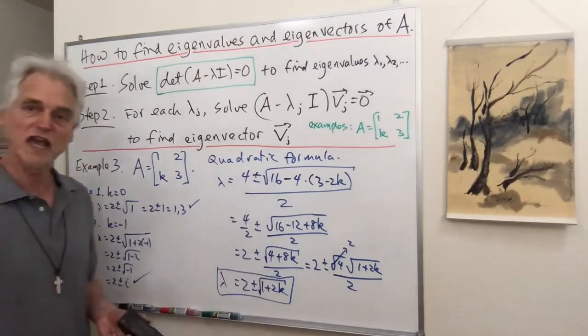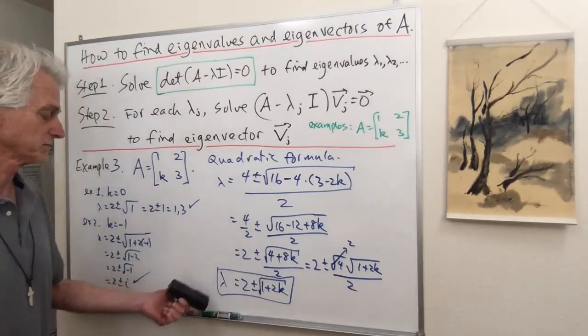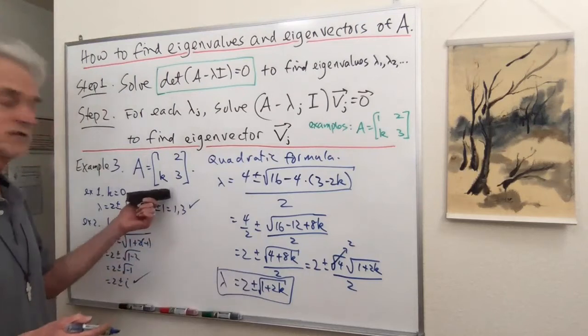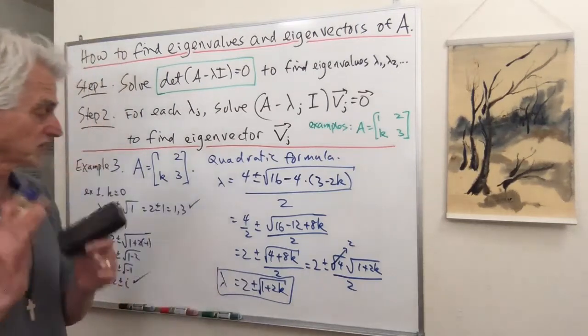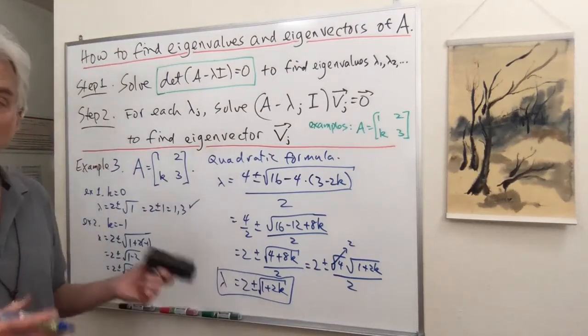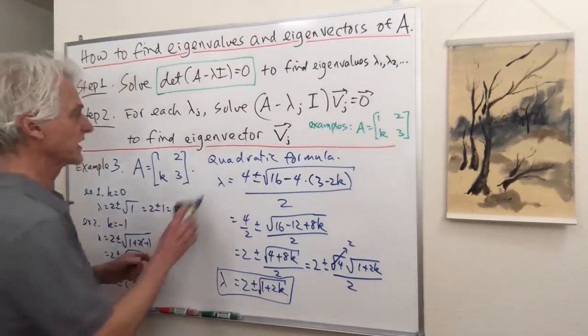Okay. So we've done the first half of the question: find the eigenvalues for any k. And then the second part is, what are the conditions on k so that the eigenvalues are real and distinct?